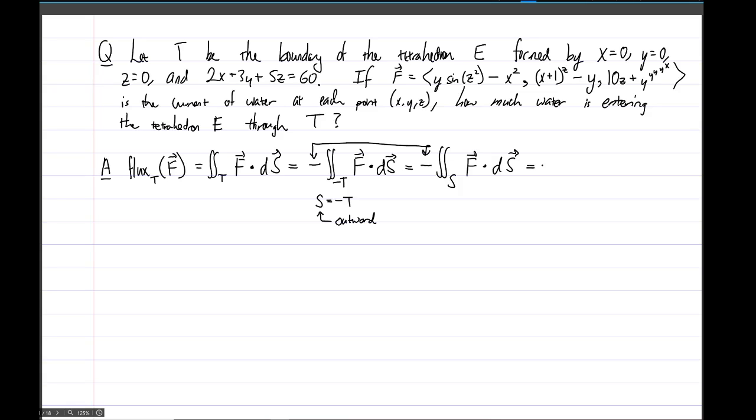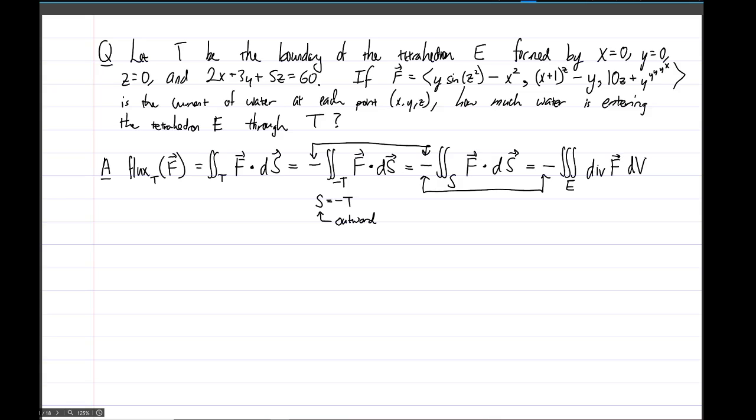Okay, so then I'd like you to perhaps think of, well, the whole point here was another excuse to practice the divergence theorem, right? So again, copying the minus sign, and then, since we've oriented the surface S outward, this should now be the triple integral over the solid tetrahedron E of the divergence of F dV.